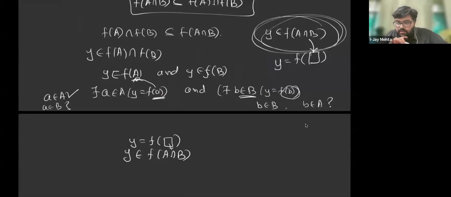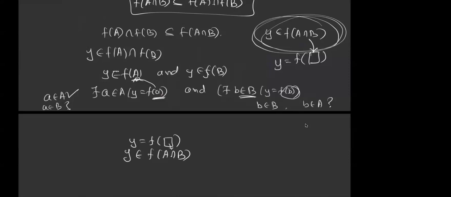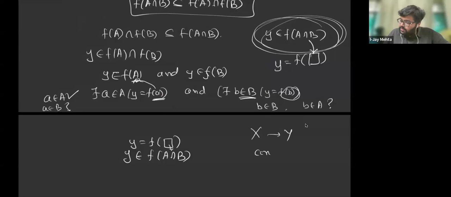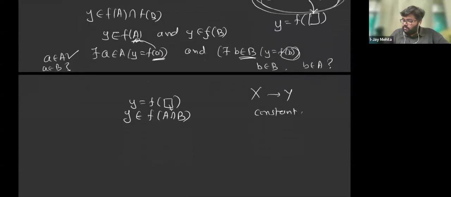Divya? Constant function. Yes, good. From X to Y, you can always give a constant function. Yes or no? Yes, constant function. So can you give a constant function from R to R?